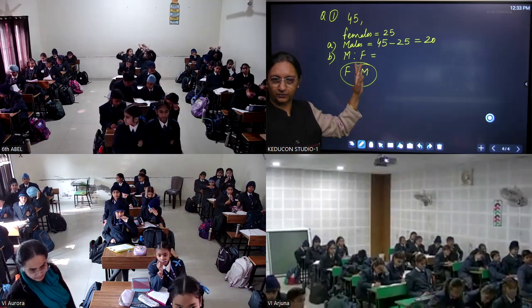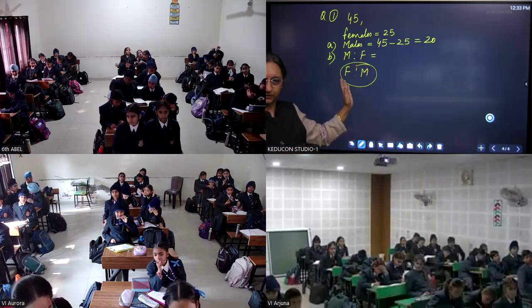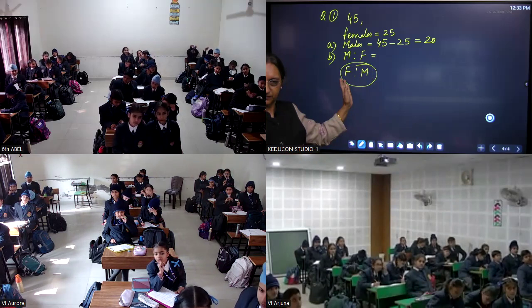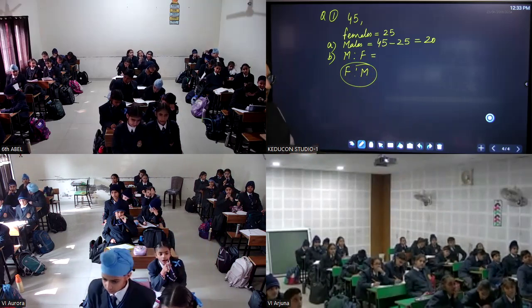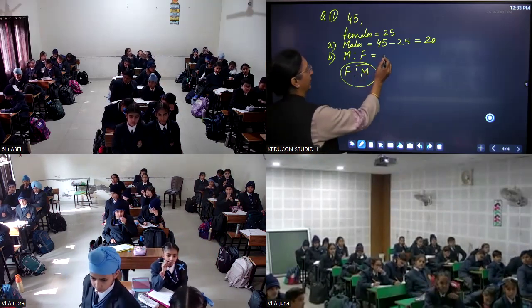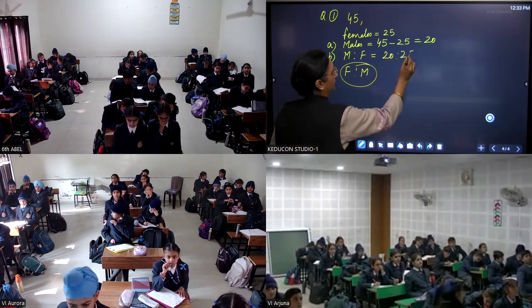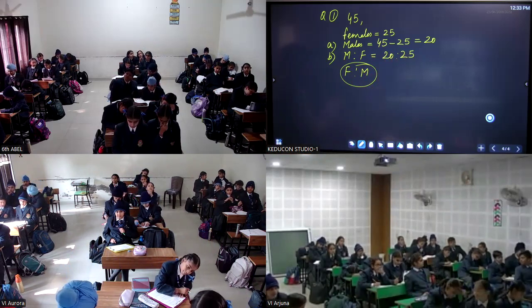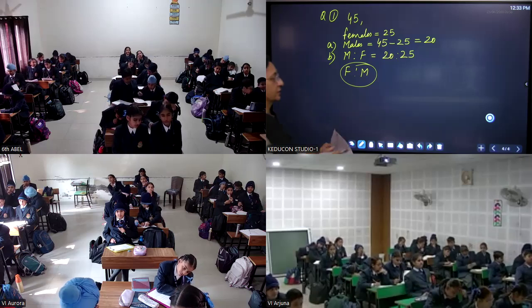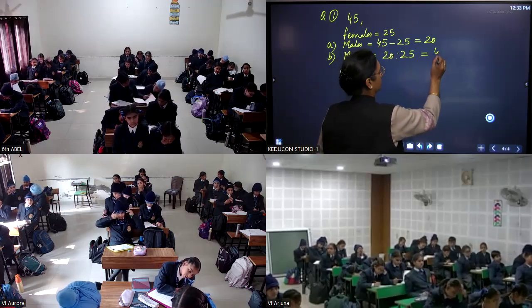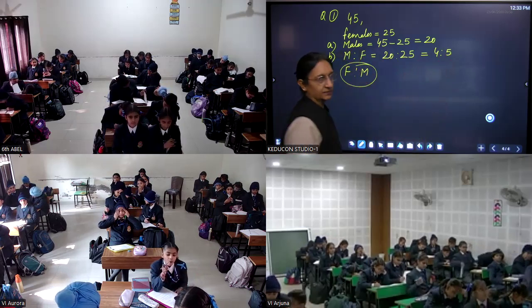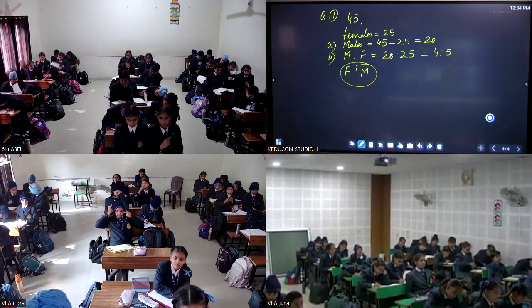Is it important, or can I change also? Yeah, we cannot change. This is most important to write. First male will come and then their number, female number, 20:25, and then you are getting it as 4:5. I hope everybody is getting the same. Please write answers in ratio because this is ratio chapter.